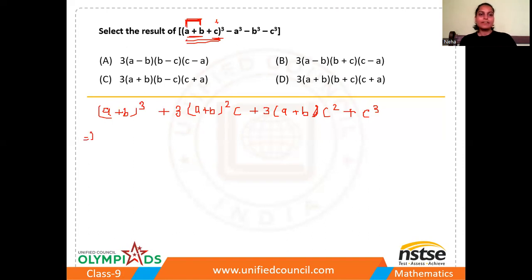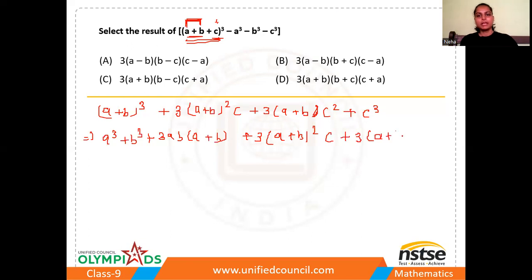Now I have a plus b whole cube, so I can easily open this formula, right? So this is a cube plus b cube plus 3ab into a plus b. Correct? And this is the same: 3 into a plus b whole square into c, plus this 3 into a plus b into c square plus c cube. So now I have a cube plus b cube plus c cube with me.